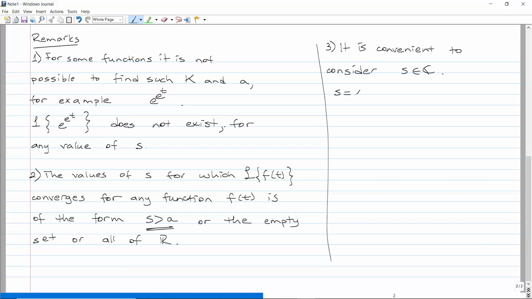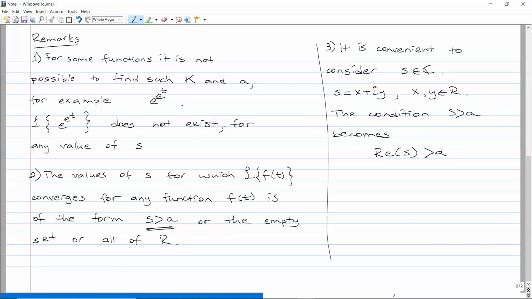So s is a complex number in the form x plus iy, where x and y are real numbers. So in this case, the condition that s greater than a, because for complex numbers this doesn't make sense, a complex number cannot be greater than any number, becomes real part of the number s greater than a.